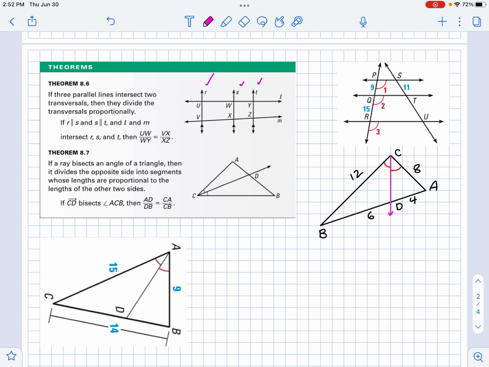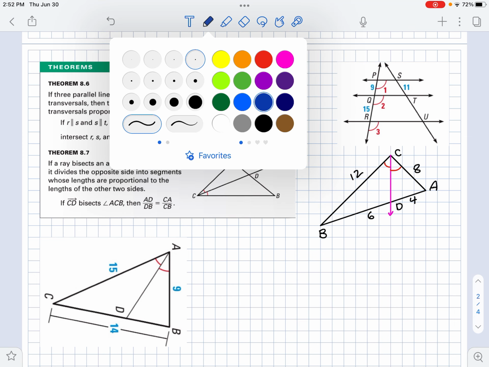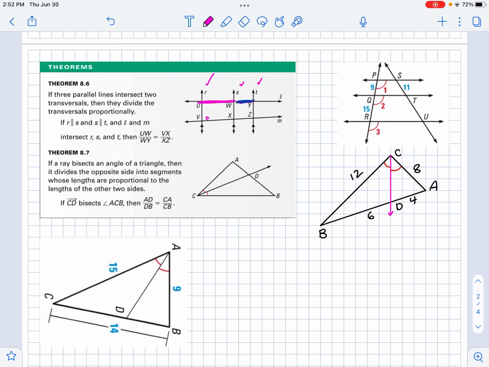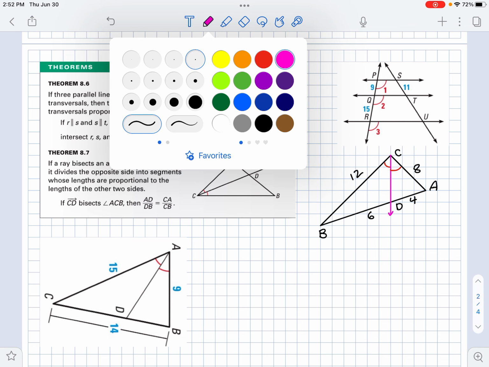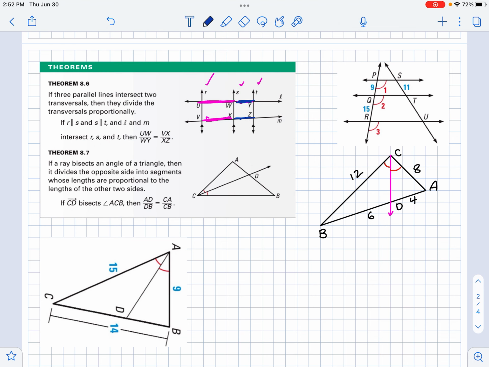If R, S, and T are parallel, then we say this over this is equal to this over this. That proportionality exists if those three lines are parallel.